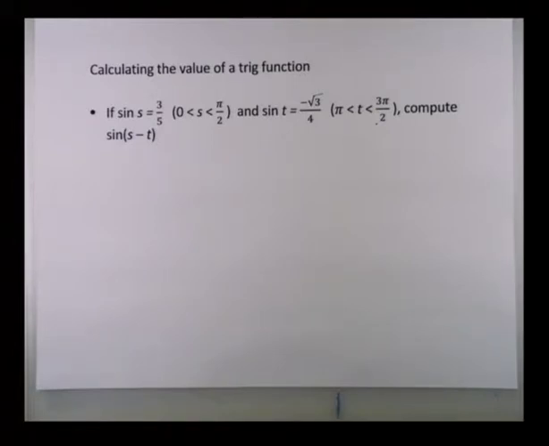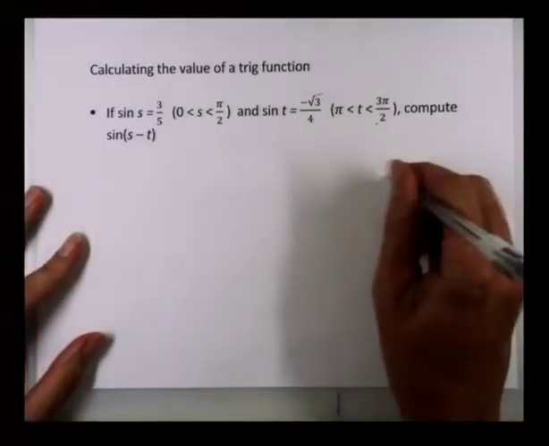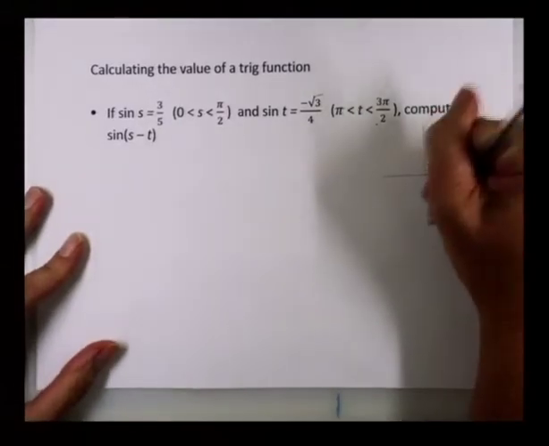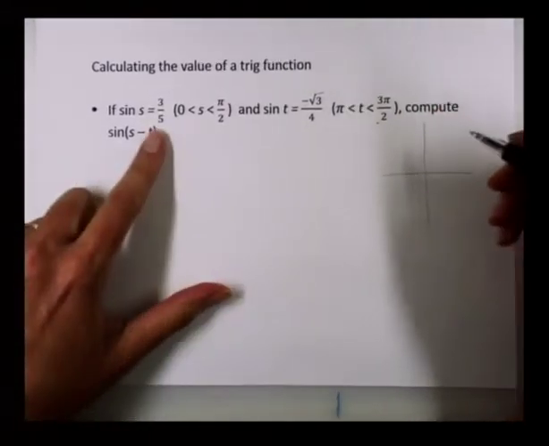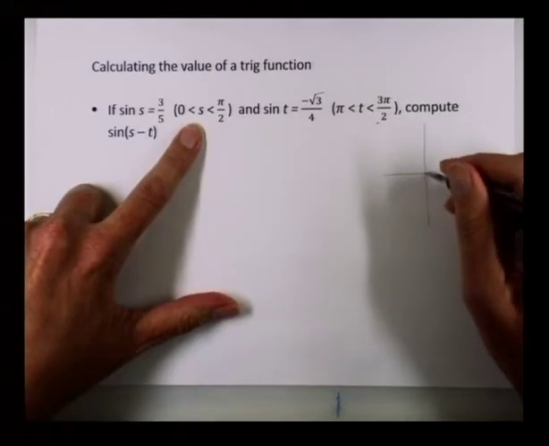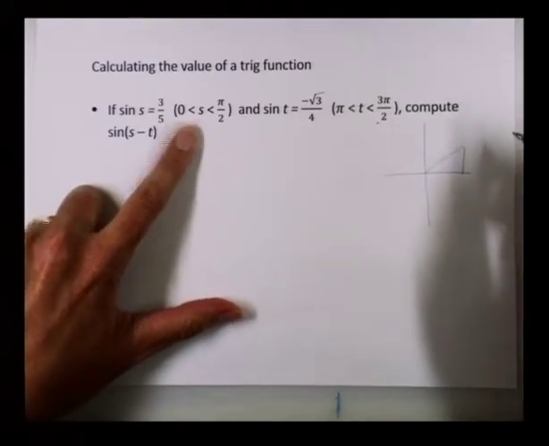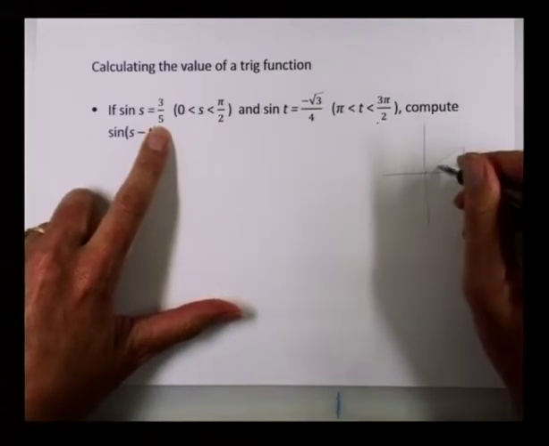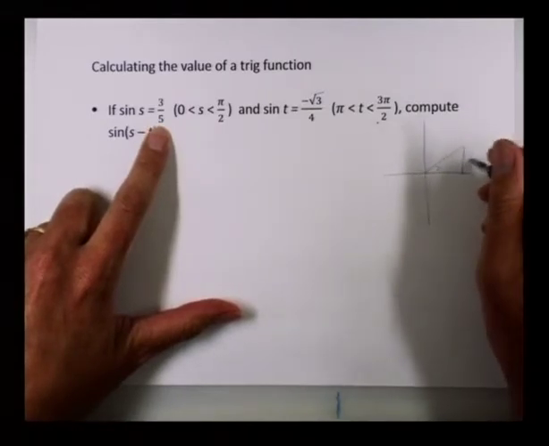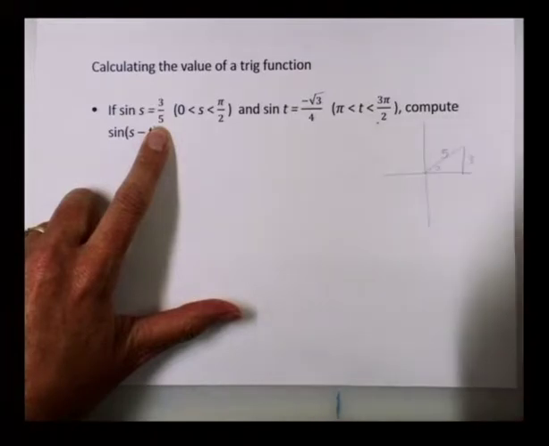So for me, I like to think of this visually at first. I'll show you how to do it algebraically also. But I tend to think of it in the coordinate plane. So if this is in quadrant 1, I tend to draw a reference triangle in quadrant 1. So I know that the sine is the opposite over the hypotenuse.